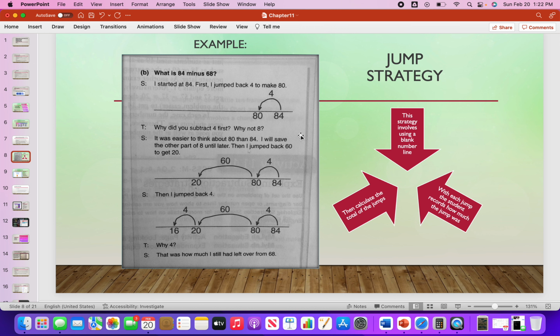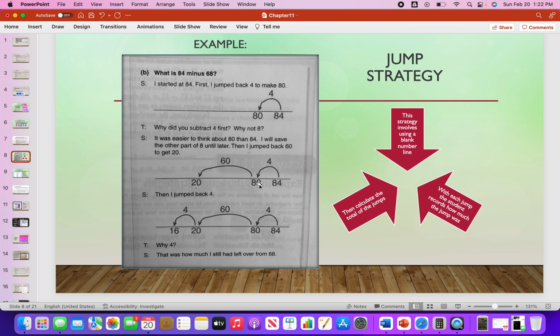So in this example from the book, what is 84 minus 68? It says the student started at 84 and jumped back 4 to get 80 to make it an easier number to work with.